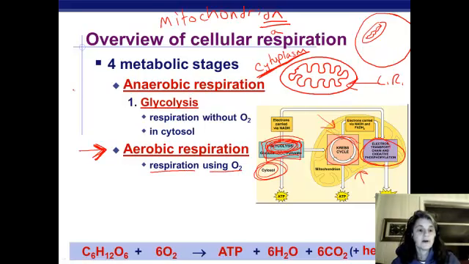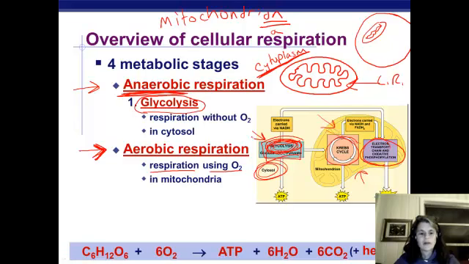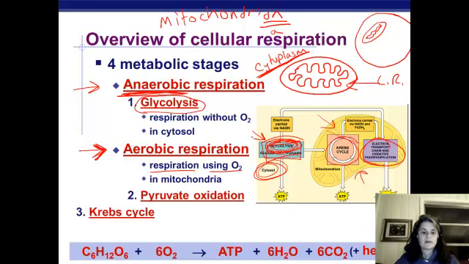Another type is called anaerobic, and you can do this without having any oxygen present. Glycolysis is anaerobic. Cells can do glycolysis without having to breathe oxygen. So that's really an important thing to remember. Everything else, aerobic respiration that we're going to learn about later, requires oxygen.